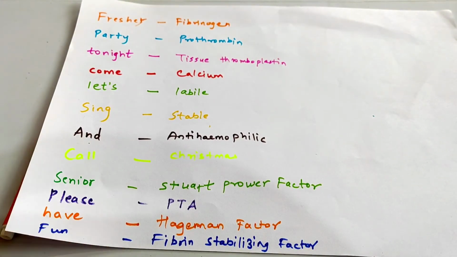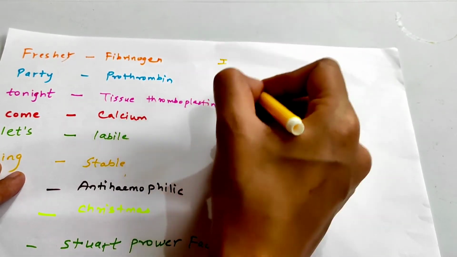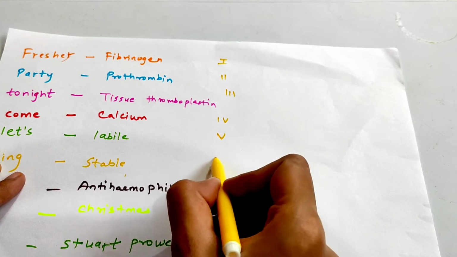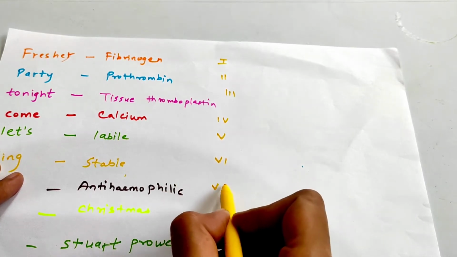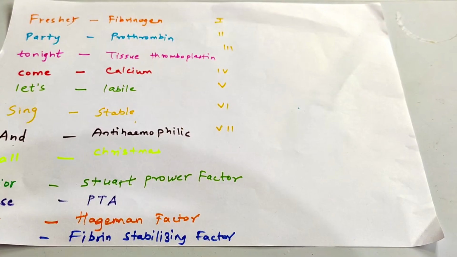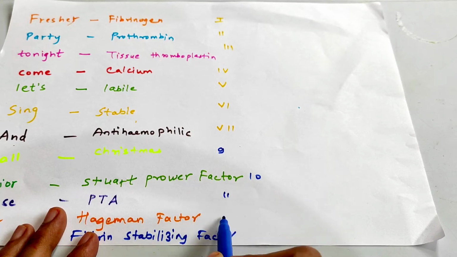So this is first, second, third, fourth, fifth, sixth, seventh, then it is 9th, 10th, 11th, 12th, 13th.